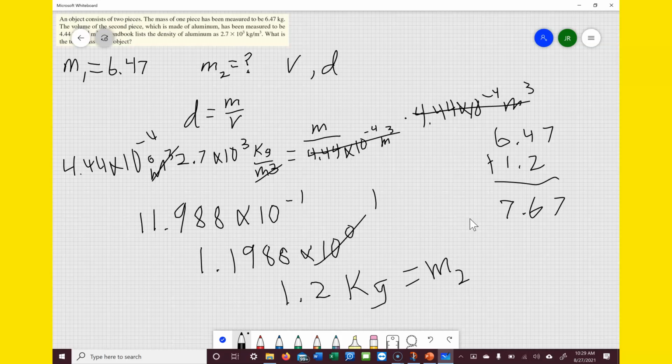But now that I'm adding, I want to use the least number of decimal places in whichever number has the least number of decimal places. I need to have that number of decimal places in my answer. So I think I've got to end up with 7.7 kilograms as my final answer to the proper number of significant figures.